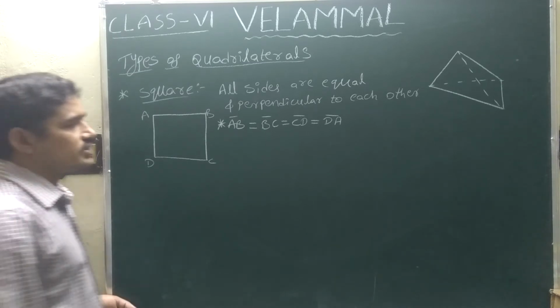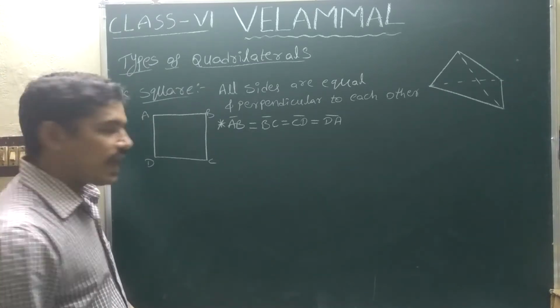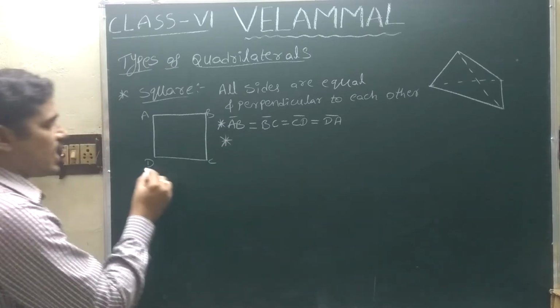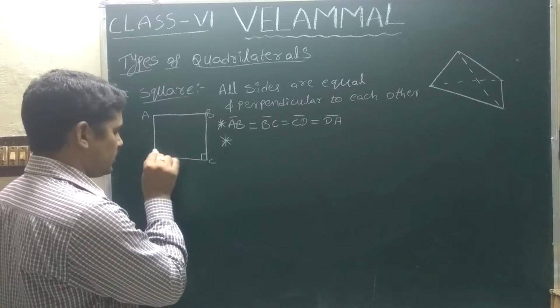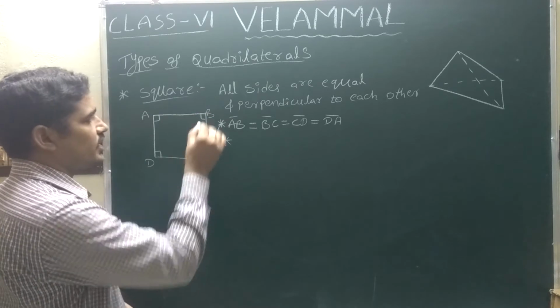If we want to say it is a square, this property must be satisfied, as well as one more property must be satisfied. That is, all angles must be equal. Here all angles are perpendicular. Perpendicular in the sense 90 degrees, we know.